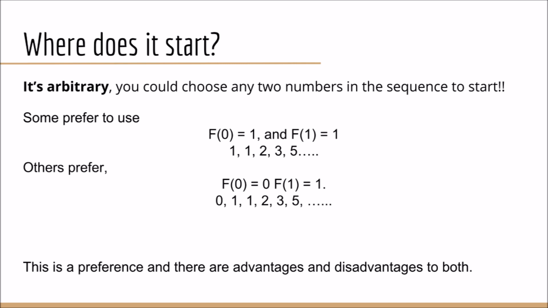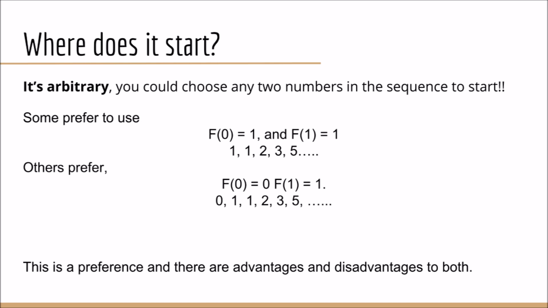There's advantages and disadvantages to both, and it honestly depends on what you need the series for and what type of problem you're trying to solve. However, I will note that the creator of this series, who will be introduced shortly, started the series at 1, yet many say that he simply omitted the first term, so it's honestly unclear.